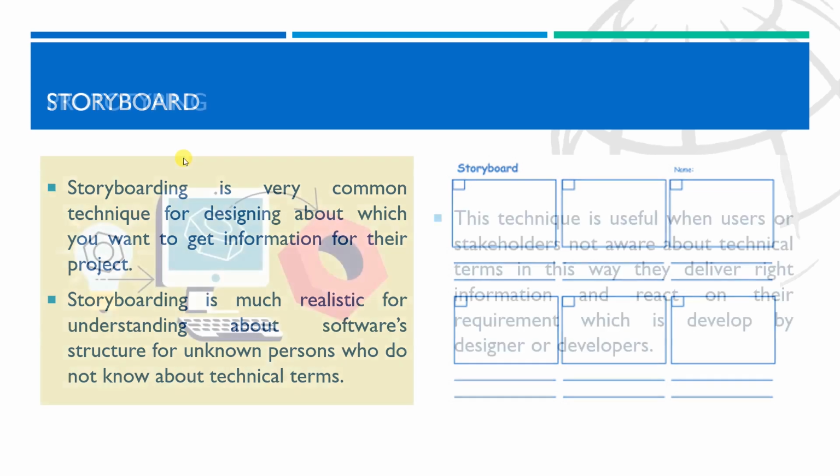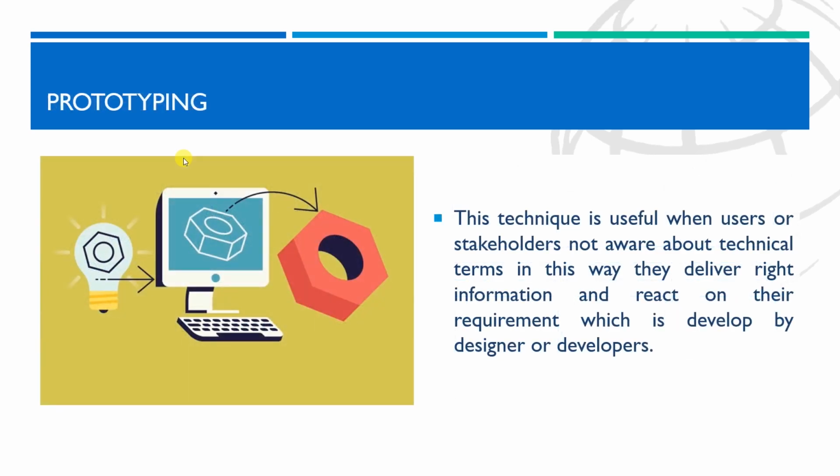And we have another technique, which is prototyping. Prototyping is a significant technique for requirements gathering. Through prototyping, detailed requirements can be gathered when preliminary requirements have already been collected. If preliminary requirements are already collected, prototyping is very effective for gathering relevant information from users.